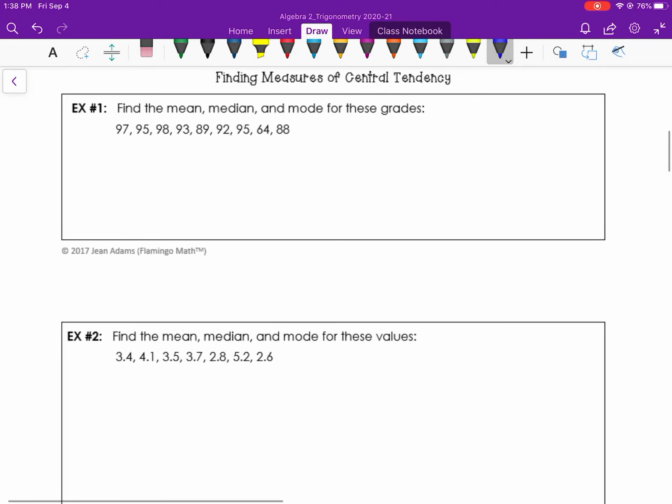Alright, example 1. I want to find the mean, median, and mode for these grades. Alright, so our mean, which is x bar, okay, so we're going to add up all these numbers and then find the average of that.